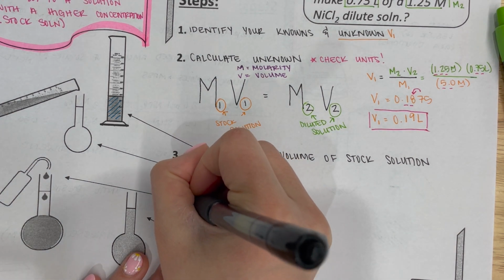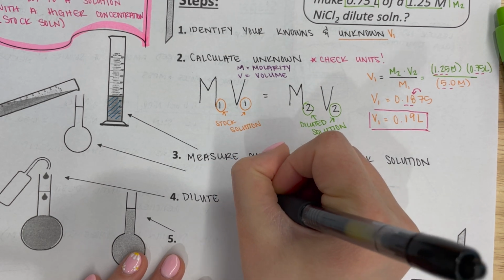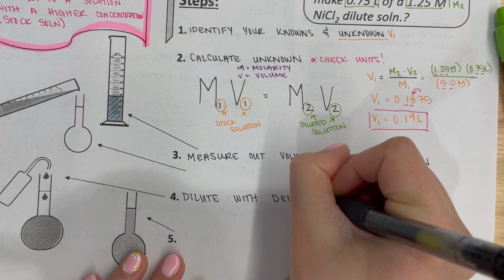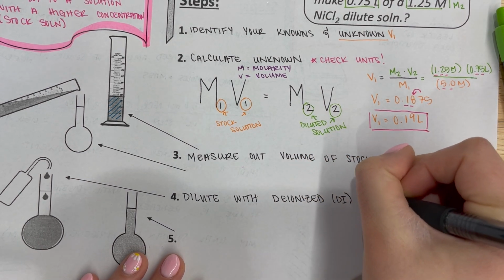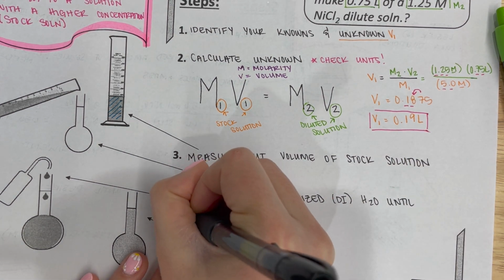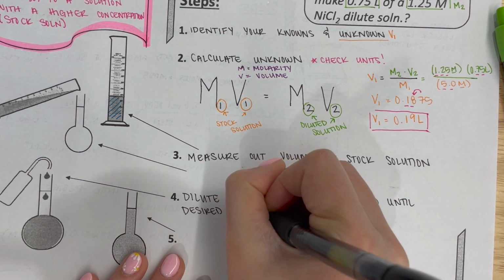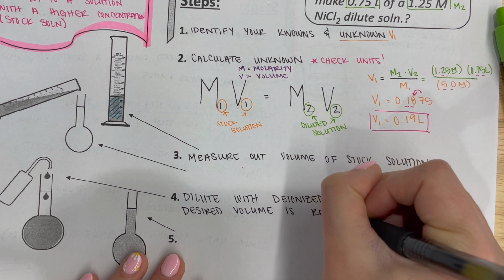Then our next step is that we're going to dilute with deionized water until desired volume is reached. Dilute with deionized water, sometimes called DI, until desired volume is reached.